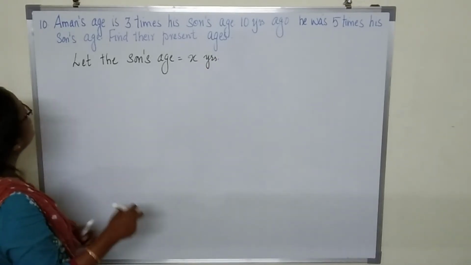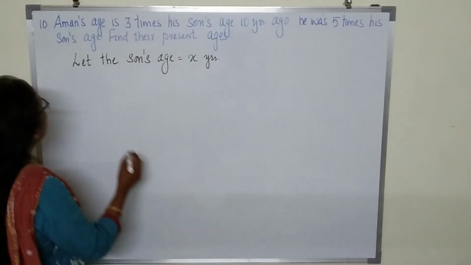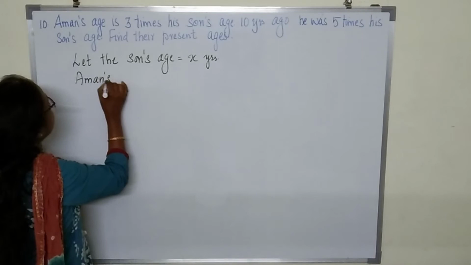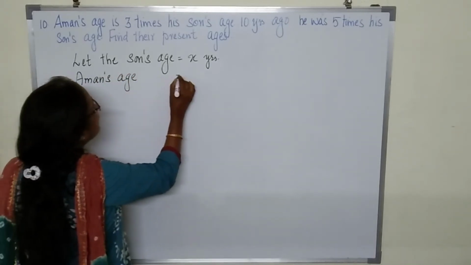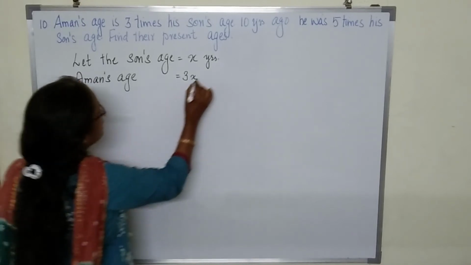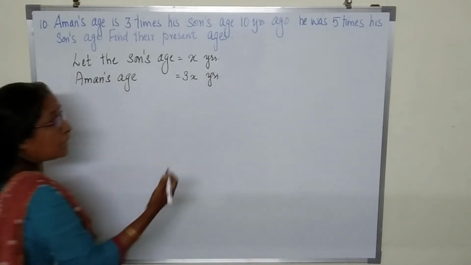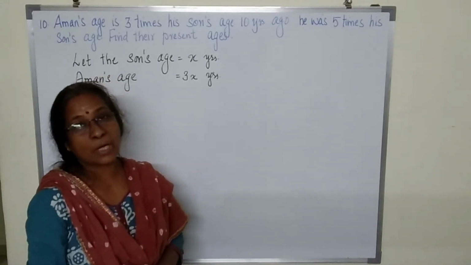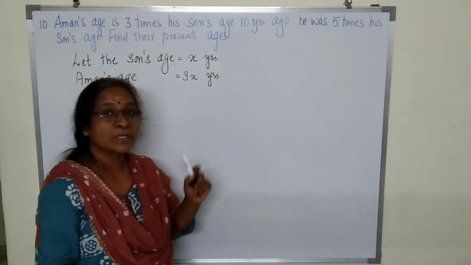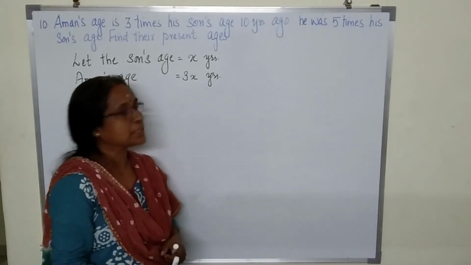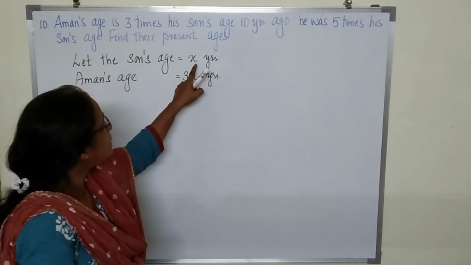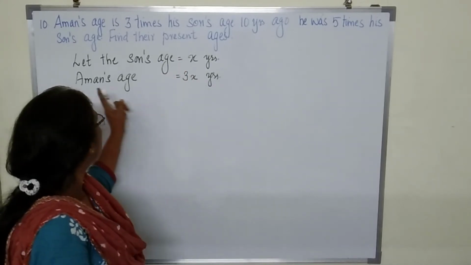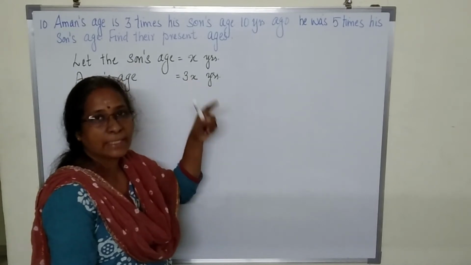Now what will be his father's age? 3 times his age. So Aman's age is 3 times x, that is 3x years. Now 10 years ago, what will be their ages? If you are 13 years now, what would be your age 10 years before? That means 10 minus. Similarly here, if he is x years now, his age 10 years before will be x minus 10, and his father's age will be 3x minus 10.